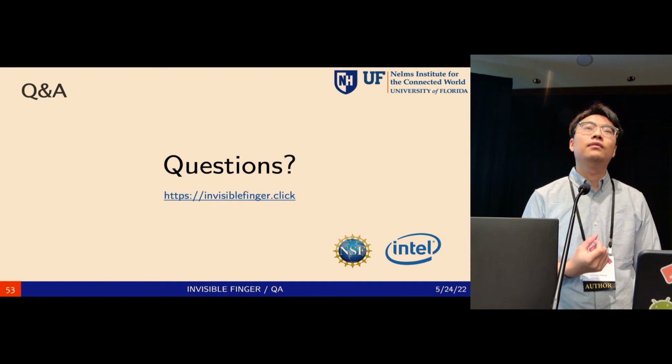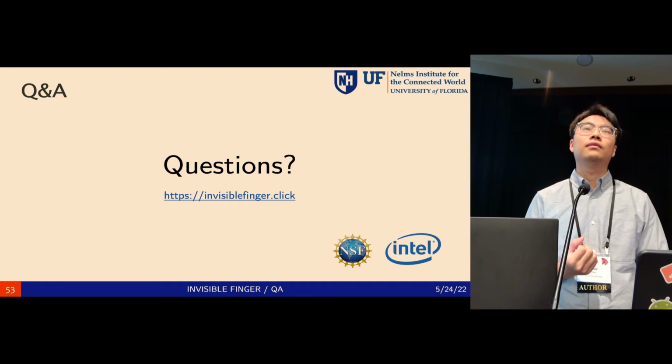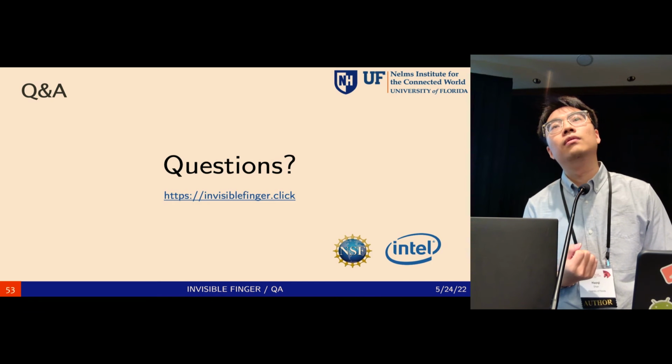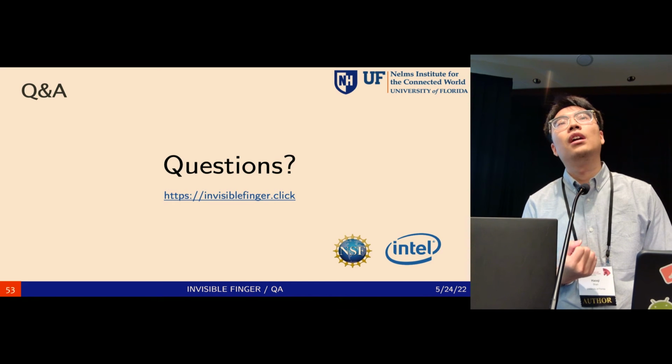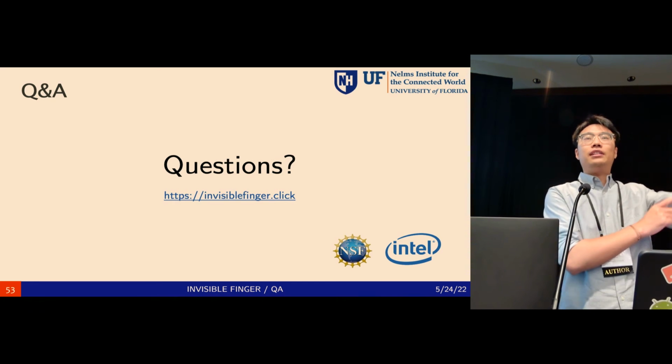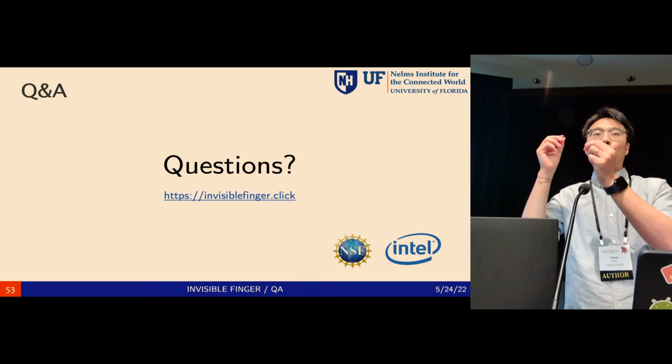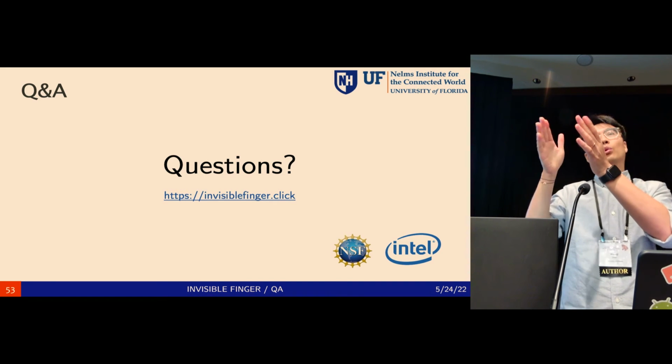Thanks for the talk. I'm Chen Wang from RSU. Have you already applied your attack to multiple finger touch? For multi-touch, every antenna we use can generate a single touch at a single position.